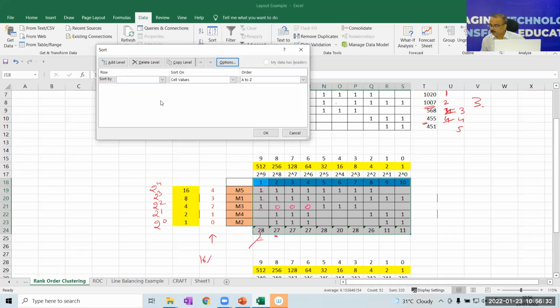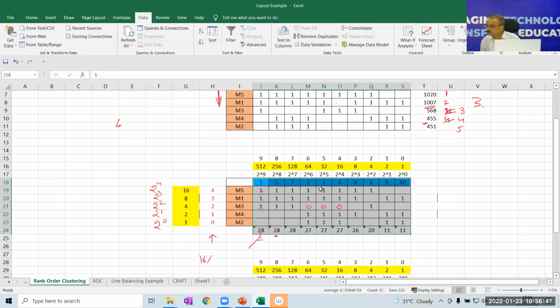So you will sort it based on which row? This is row number 24, from largest to smallest, because we are ranking those. So if you rank those, you can see that now this particular grouping has formed.